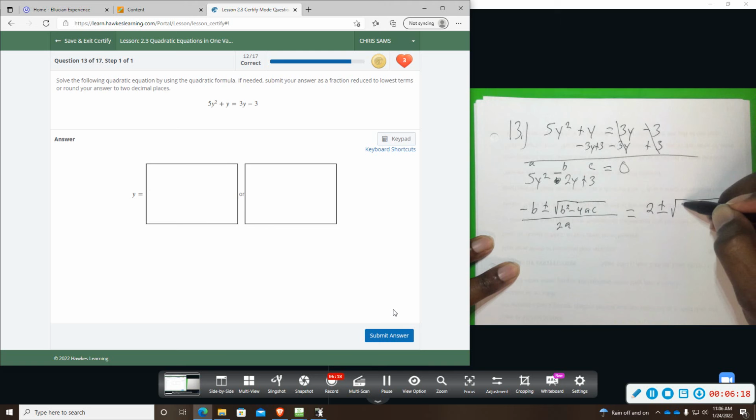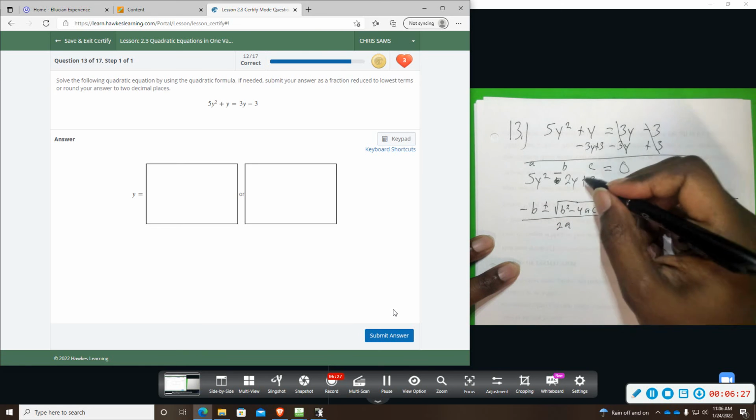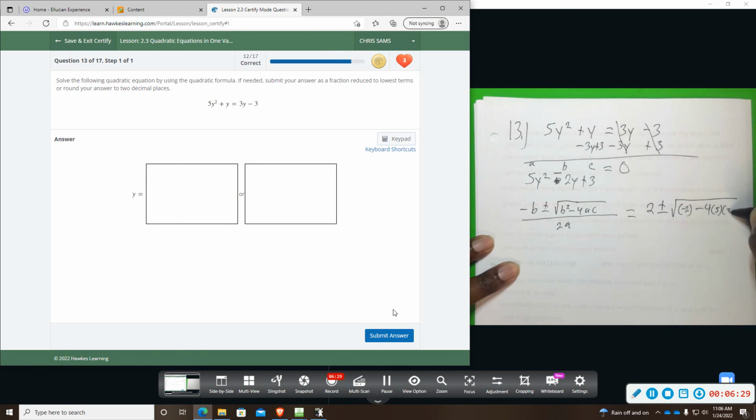of negative 2 squared, minus 4 times a, which is 5, times c, which is 3, all over 2 times a, which is 5. I'm going to simplify this. 4 times 5 is 20, times 3 is 60, and then negative 60.